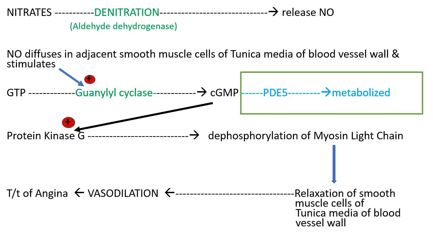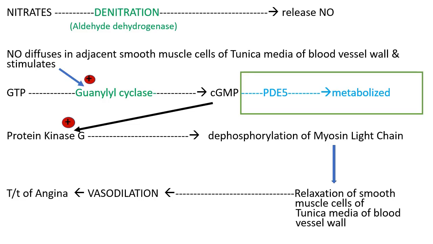Guanylyl cyclase helps in conversion of GTP into cyclic GMP. Now this cyclic GMP stimulates protein kinase G. Protein kinase G helps in dephosphorylation of myosin light chain.